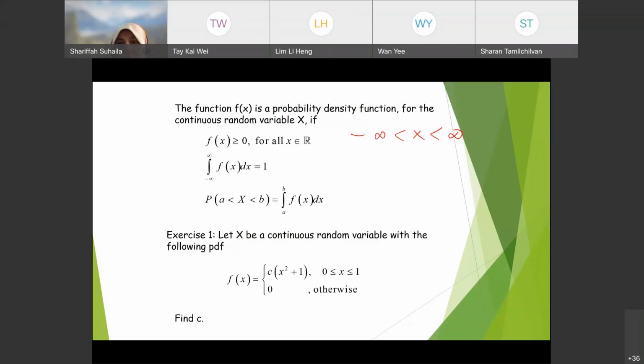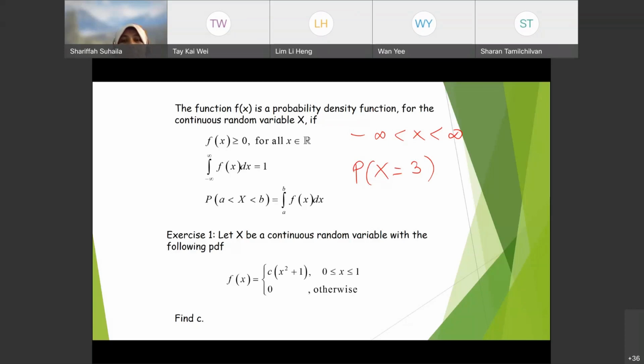Exact value, for example, if you want to find probability x equals 3. Normally for continuous, it can be in an interval, in decimal point, or in terms of a fraction, which again involves decimal points.